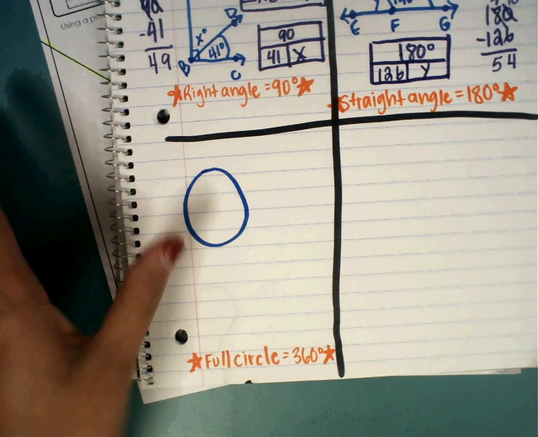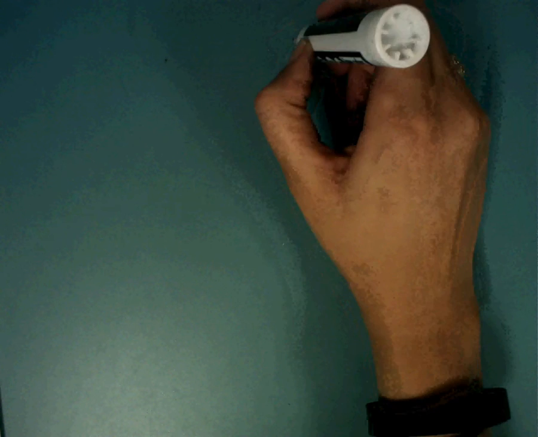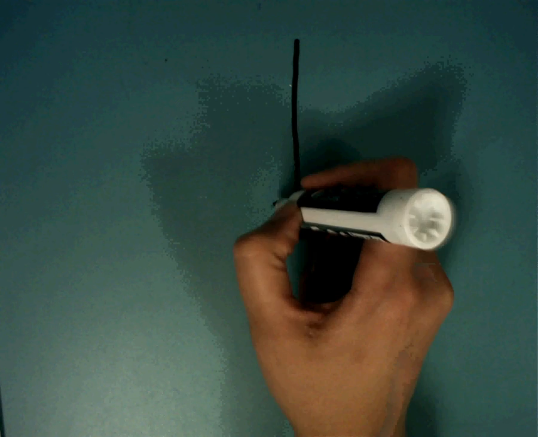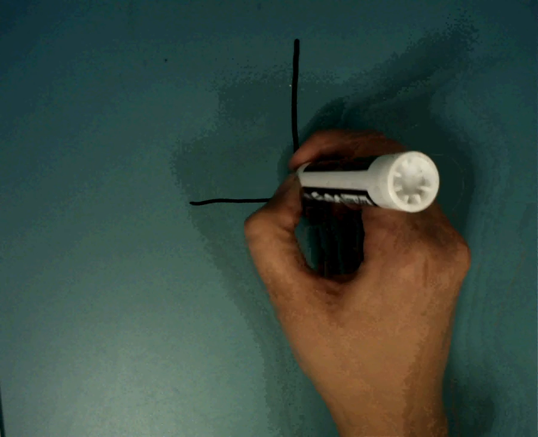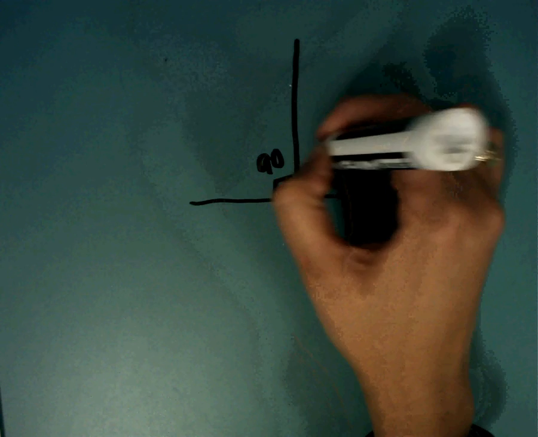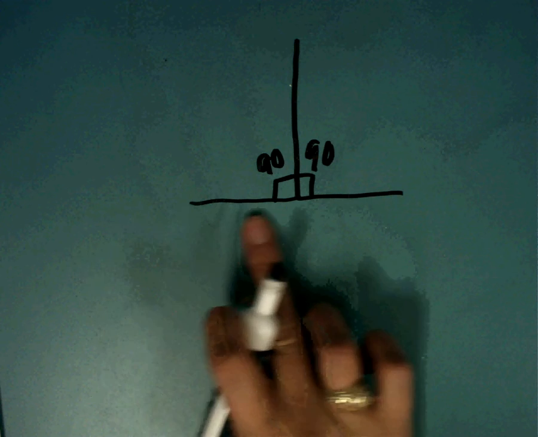Let me show you why. This is just a quick little side note. I know this is a long video, guys. I'm sorry that it's taken so long. So if I have a right angle that looks like this, and then I put another right angle together like that, well, this is 90 and this is 90. 90 and 90 makes 180, and that's a straight angle right there.